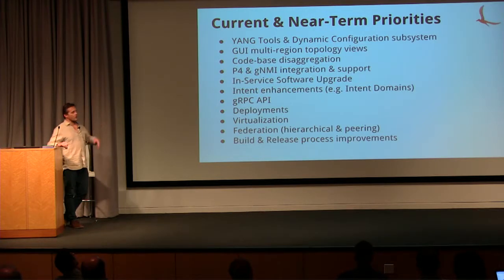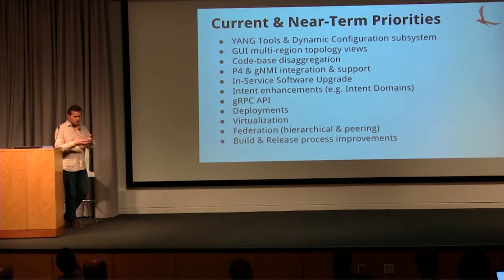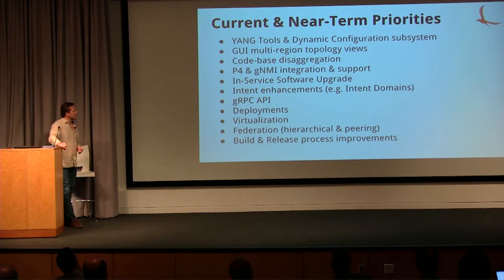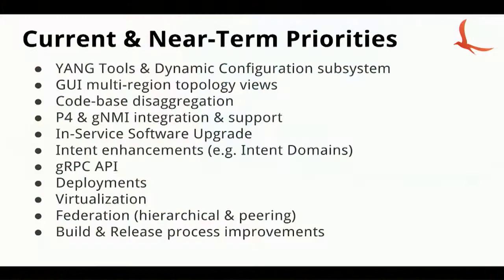So we will provide a way to segment and categorize this information, basically creating a multi-layer hierarchical view through which you can zoom in and zoom out. In order to cope with an increasing number of applications and projects, we're going to be disaggregating our code base. We are starting work on P4 and P4 Runtime, as well as gNMI integration and support.